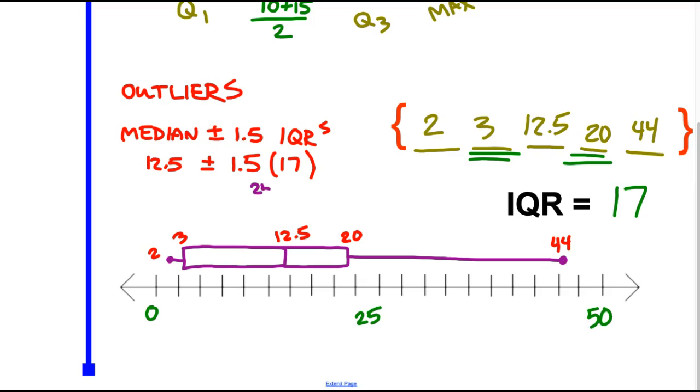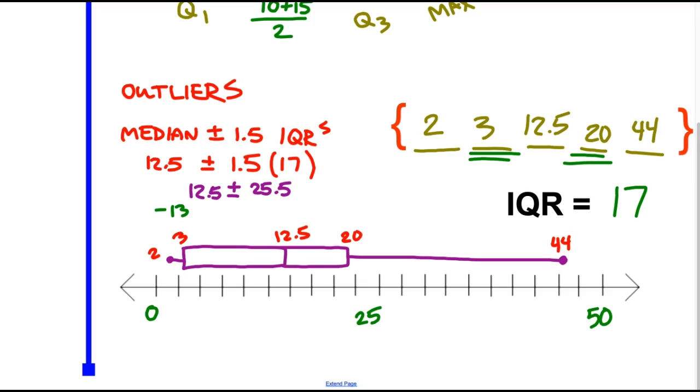Okay, so it's going to be 12.5 plus and minus 25.5. That's 1.5 IQRs above and below. So 12.5 minus 25.5 gives me negative 13, my lower outlier boundary.